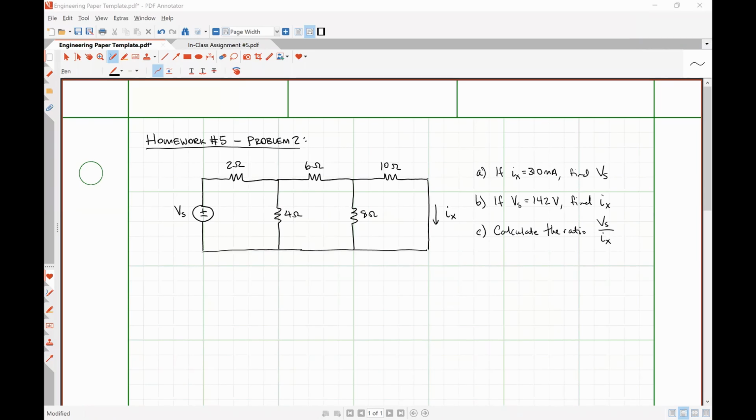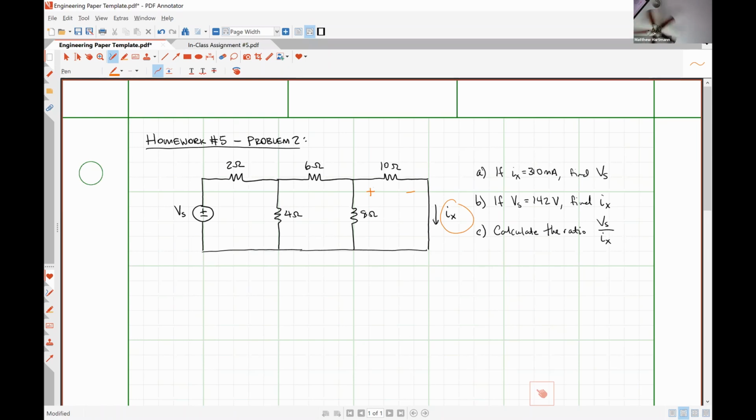If we know the value of this current Ix, then I would argue that we know the value of this voltage drop, right?